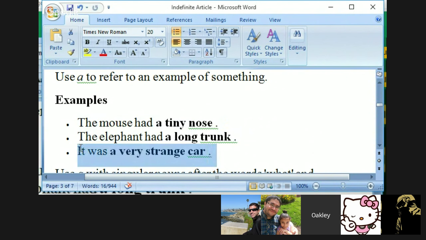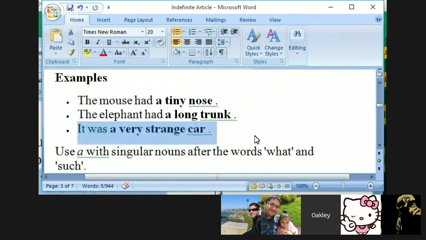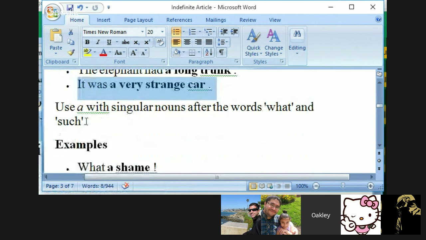It was a very strange car. Well, yeah, the members of a group, noses, trunks, cars, whatever, but really, for me, this is more following the first idea, honestly.